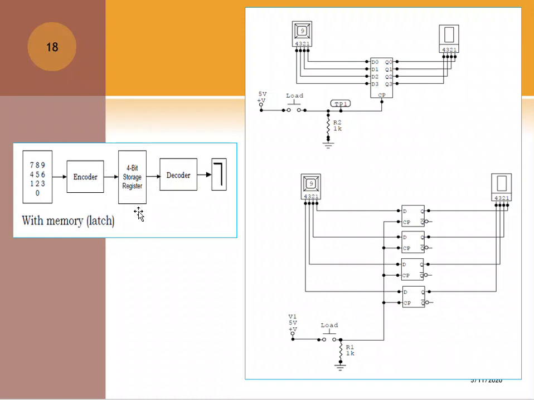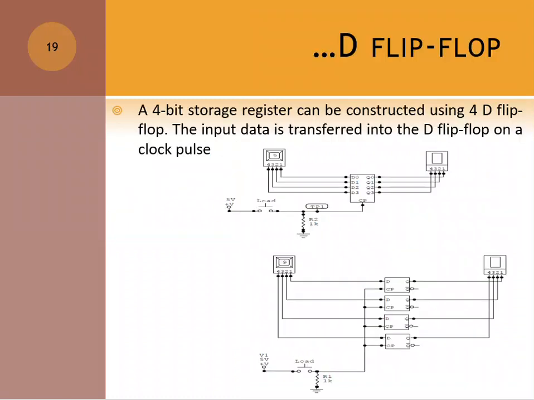Untuk the implementation of 4-bit storage register, dia akan tambahkan D flip-flop ni. Okay, D flip-flop, bukan latch dan D flip-flop. Okay, 4-bit D flip-flop. So daripada encoder pergi ke D flip-flop, pergi ke decoder. Okay, akan ditambah di antara encoder dan decoder ni.